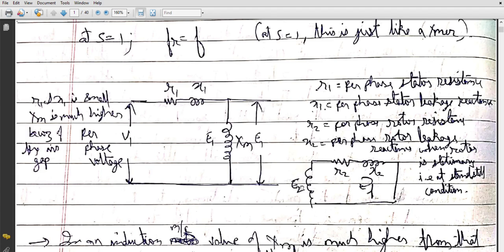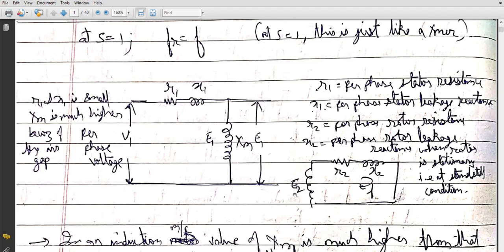This is E2, the induced voltage in the rotor winding. R2 is the per phase rotor resistance, and X2 the per phase rotor leakage reactance. Remember one thing: this is the leakage reactance of the rotor at standstill. This value will change. What are the various changes which will occur as soon as the rotor starts rotating?